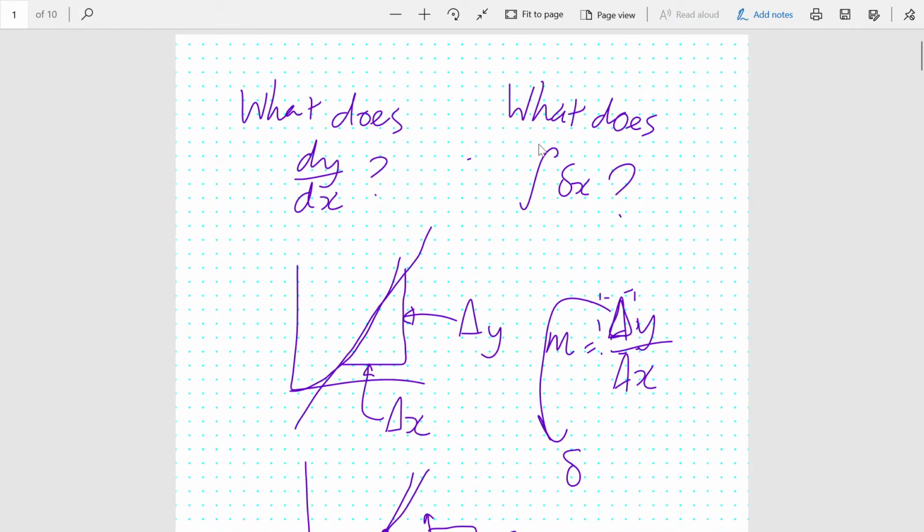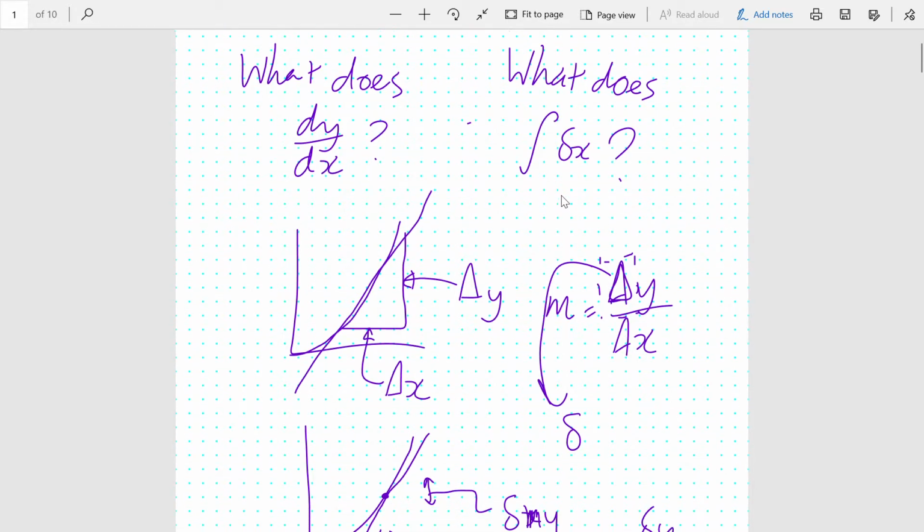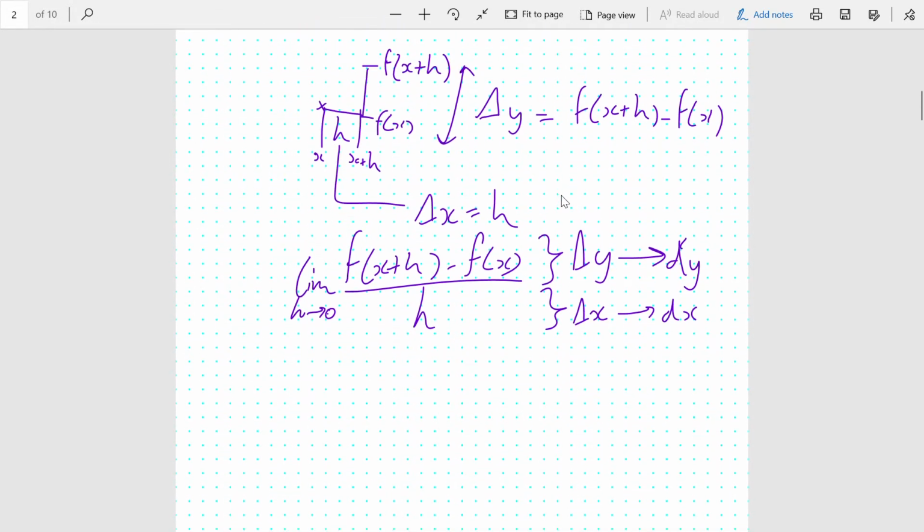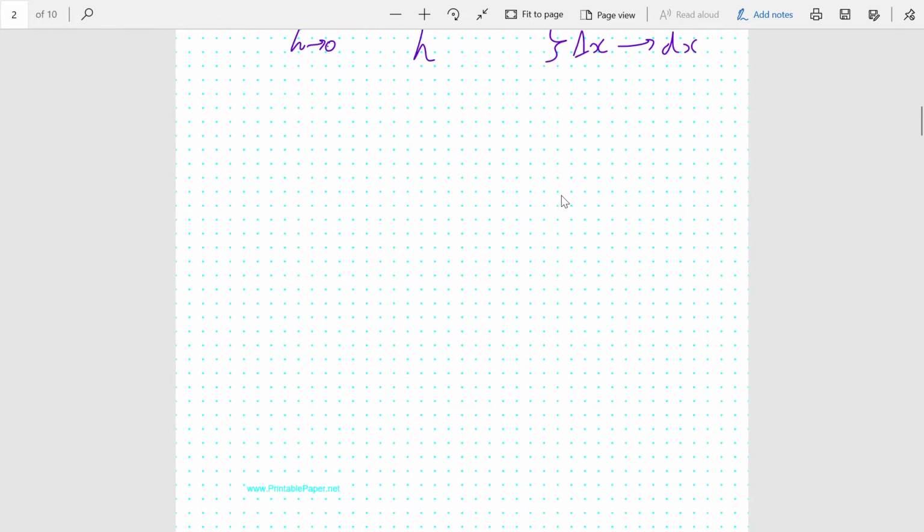Now we're going to look at what the integral for dx is. The way integration originated was that you wanted to find the area under a graph, right?